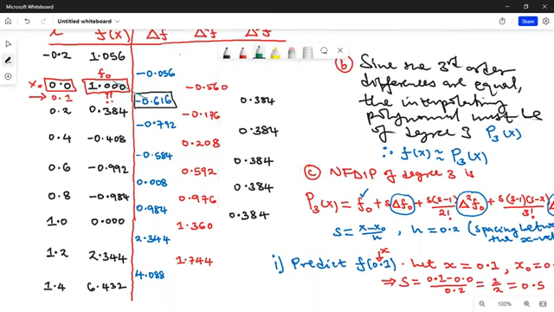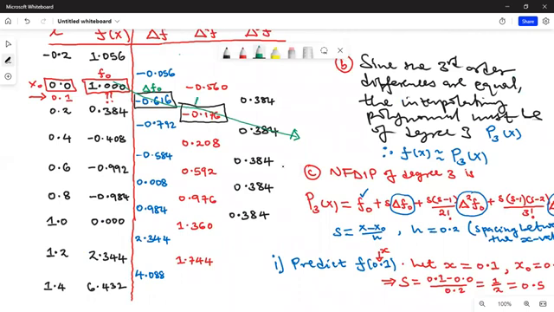So this is delta f naught. This other value is delta squared f naught.